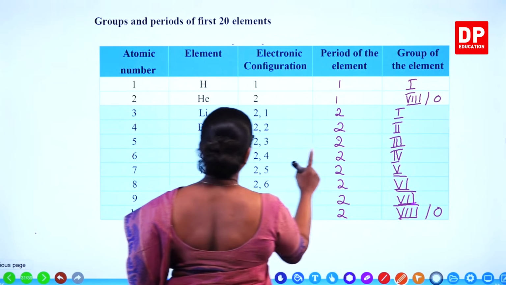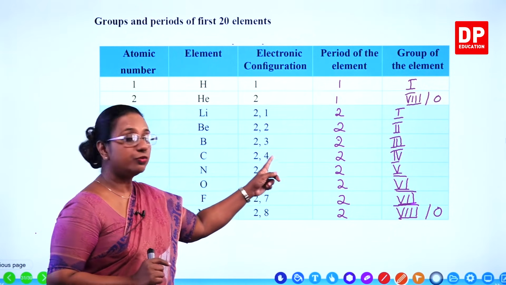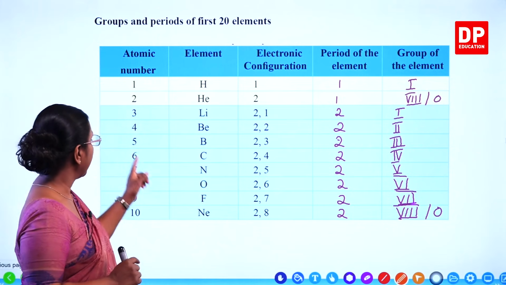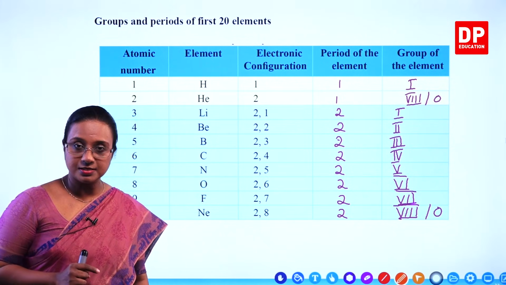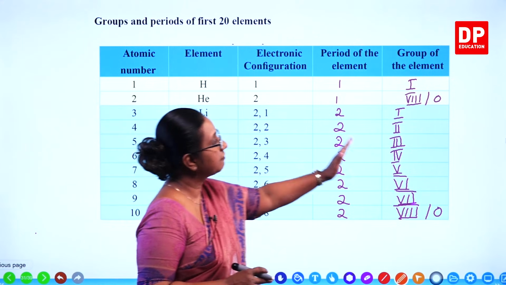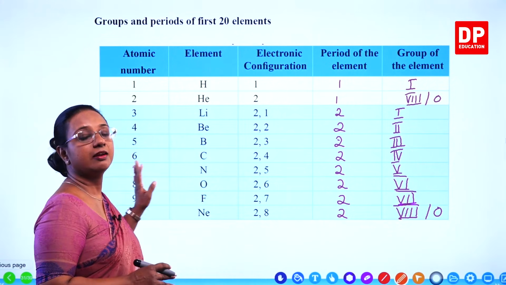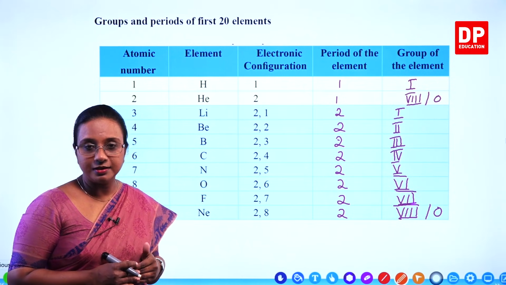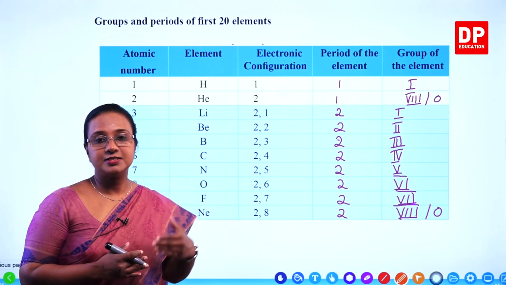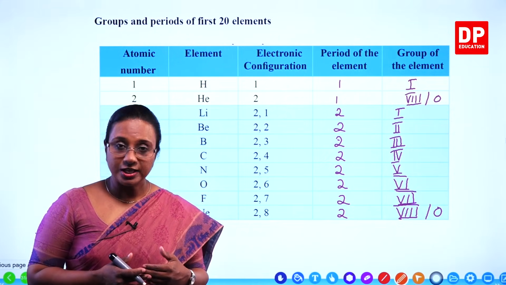So, group 4 and period 2, the electronic configuration has to be 2, 4. Then the element will be carbon and the atomic number 6. You can either start from atomic number and find the position, or from the position you can come back to its atomic number. That is one of the advantages of arranging elements into the periodic table.